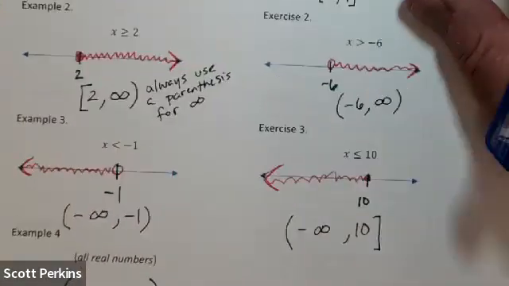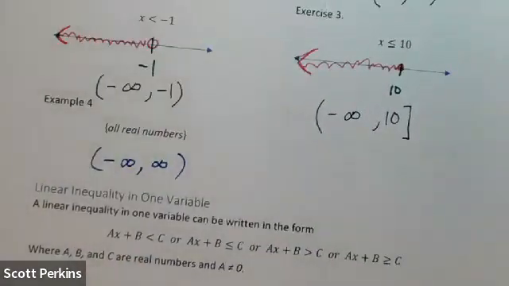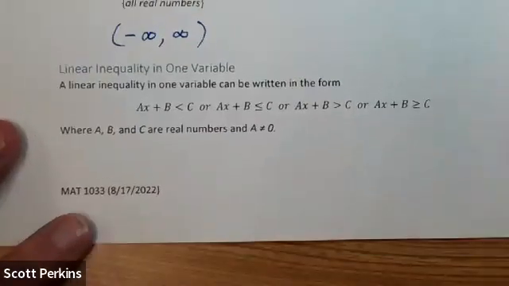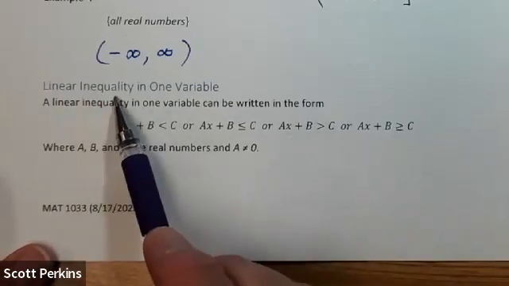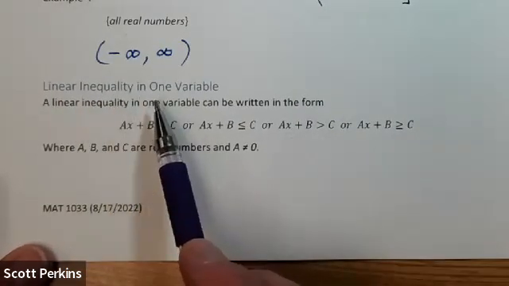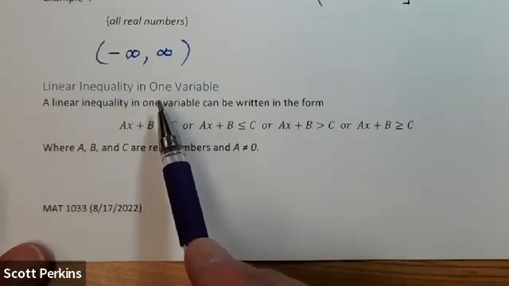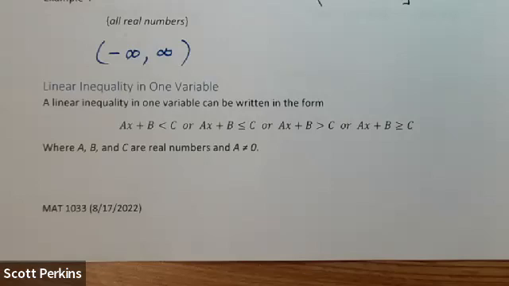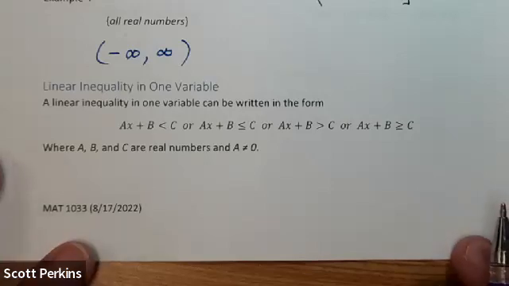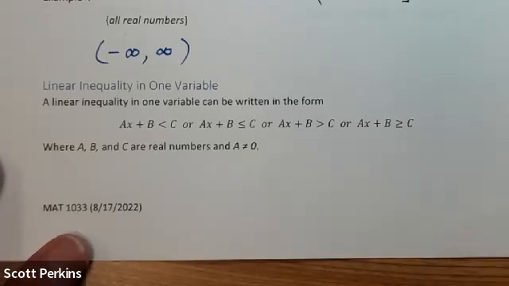Sure. So now we are going to take this knowledge of interval notation and inequalities and solve something related to what we did last time. We're going to solve linear inequalities in one variable. If you remember last time in section 1.1, we solved linear equations. And linear equations had an equal sign. That's how we knew they were an equation. How we know something's an inequality is it has one of these 4 symbols.